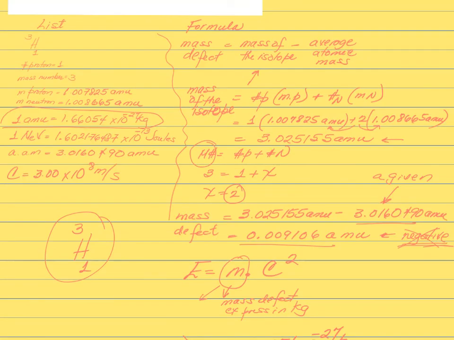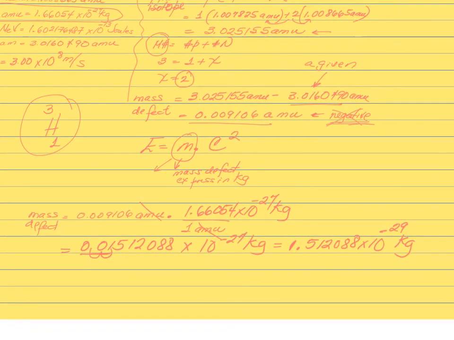Now that I have the mass in scientific notation, I'm ready to calculate my binding energy, because I have the mass in kilograms, which is 1.51208 times 10 to the negative 29 kilograms, multiplied by 3.00 times 10 to the 8 meters per second, squared. I have only 3 significant figures here. When I multiply kilograms by meters per second squared, the unit at the end is joules.